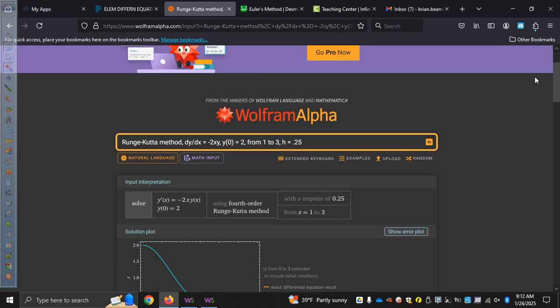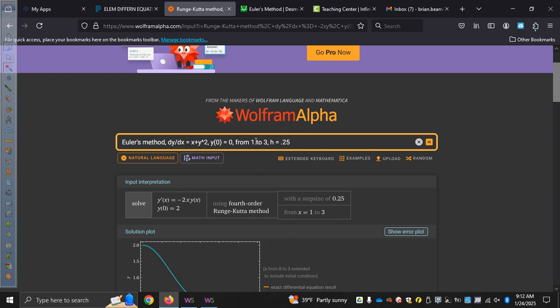And it says Runge-Kutta, but we can change that. If you change that to Euler's method, it will do it automatically. So you can do either or both. Euler's method, and what do we have? X plus y squared. Y0 equals 0.